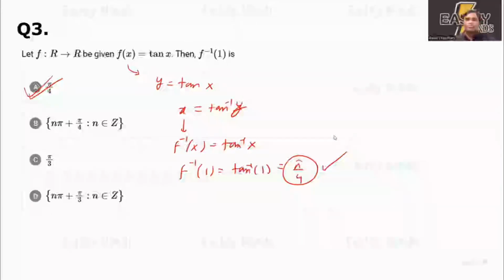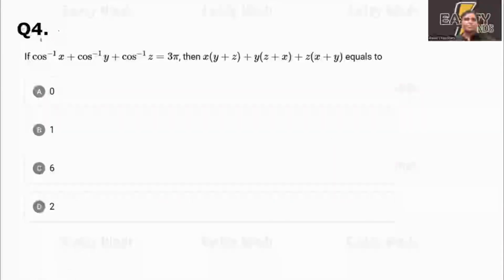Let's move to the next one. Fourth question. Cos inverse x plus cos inverse y plus cos inverse z equals 3 pi. We have to find the value of xy plus z plus yz plus x plus zx plus y. Four options are given. Which one would be the answer? And the answer is C. Now what we can do, 3 pi is given, so I will take cos inverse x as pi.